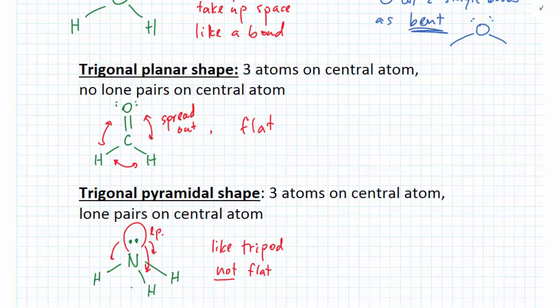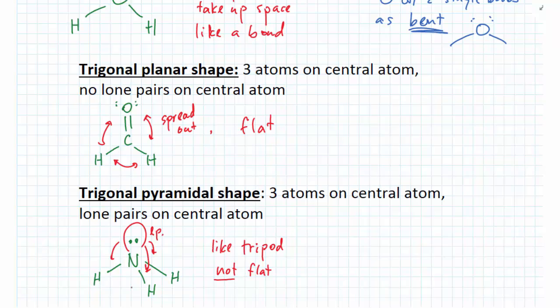So if we've got a pair of electrons here taking up their own space, then the other things will sort of spread out, okay, and be kind of squished together a little more. Does that make sense? So what is the big difference to look for when you're telling if something is trigonal planar versus trigonal pyramidal? What is the key thing that makes those two different? The lone pairs on the central atom.